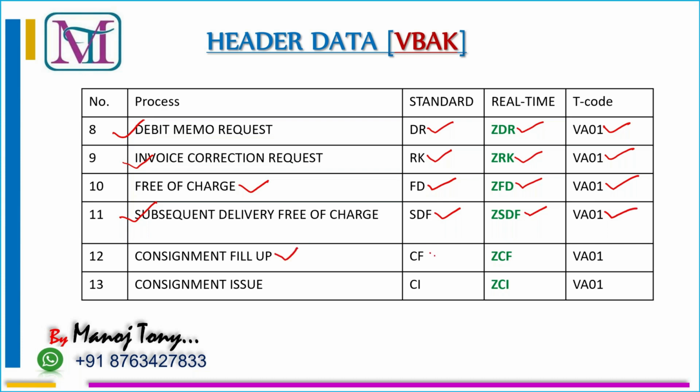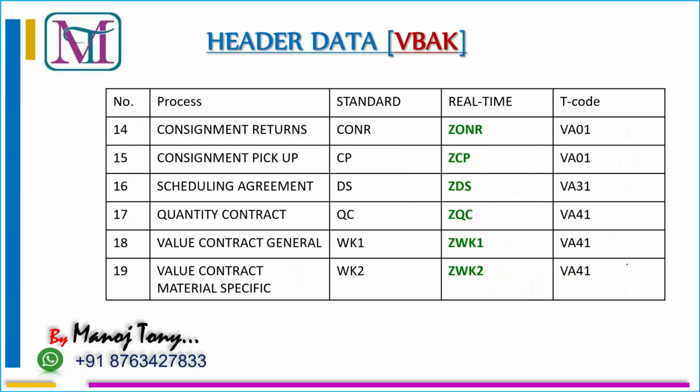Consignment fill-up, CF, ZCF, VA01. Consignment issue, CI, ZCI, transaction code VA01. So here we have to remember the process, the standard sales document type, and the transaction code to execute that sales document type. Next is consignment return, standard sales document type CONR.